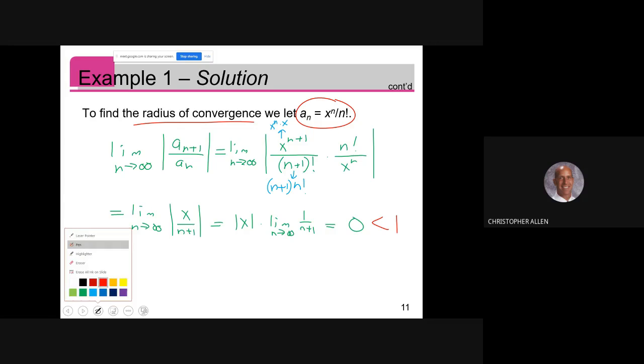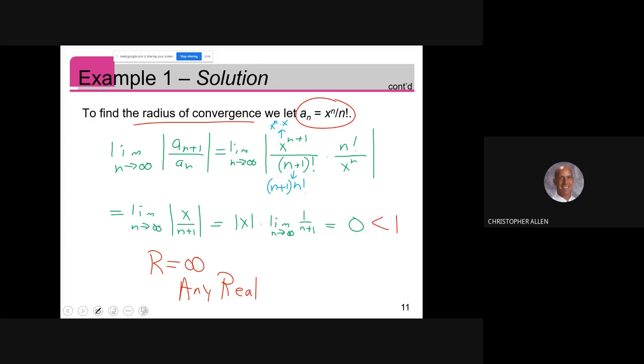But what I'm telling you is that the radius of convergence is infinity. In other words, any real number works for the center. Actually, any real numbers at all. And I just think that's amazing. The radius of convergence is everything. It doesn't matter, which is so nice.